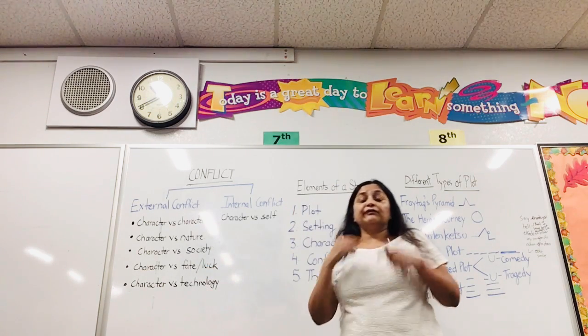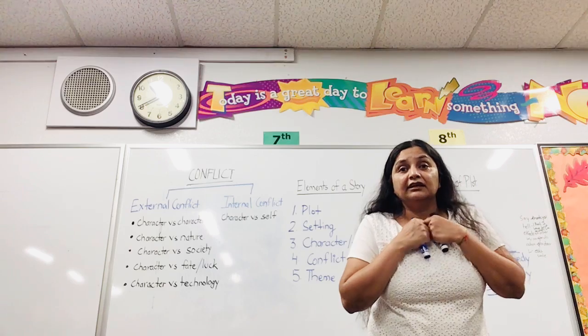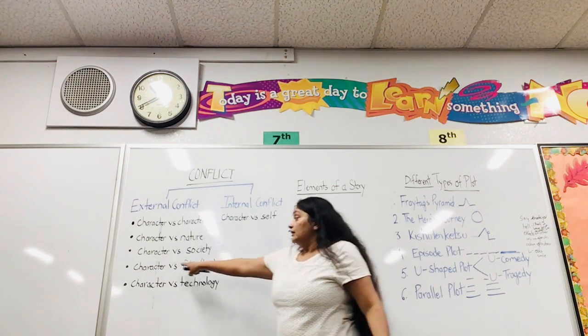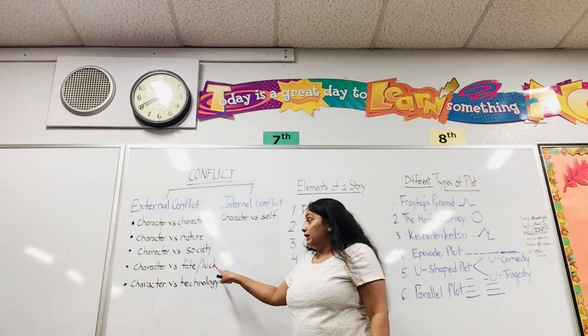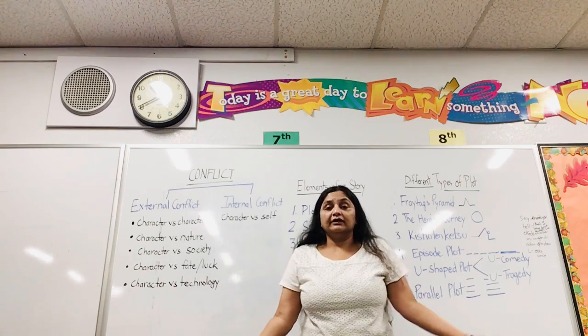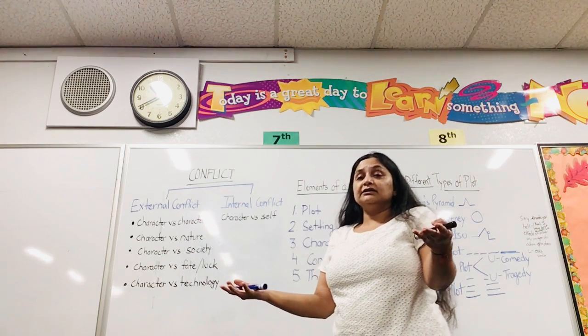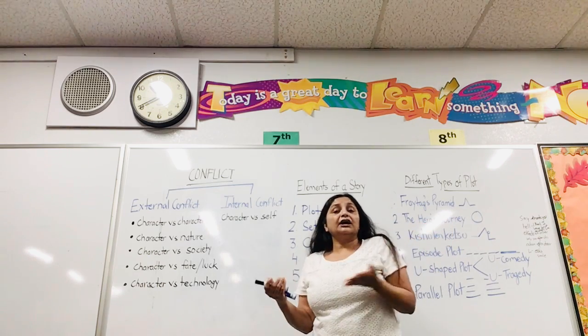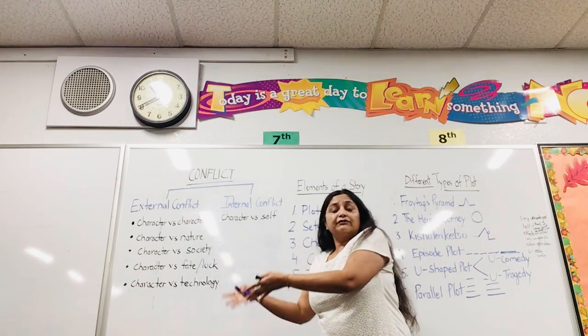Character versus fate or luck, destiny. It's when the character has no control. If you talk about Cinderella, her fate and luck: she lost her mother at a very young age. If her mother would not have died, do you think she would have had such a hard time? Father would not have remarried.